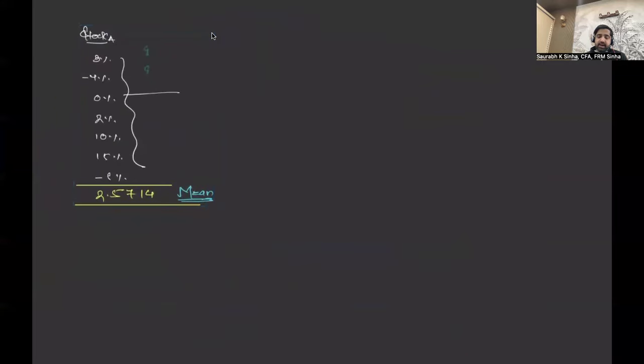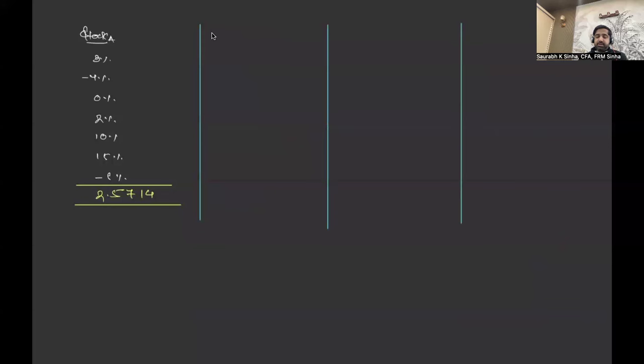Okay, let's calculate the standard deviation here. First do x minus x bar, then x minus x bar whole square, and then the summation. Right now you're doing x minus x bar, sorry, not x bar, mu.